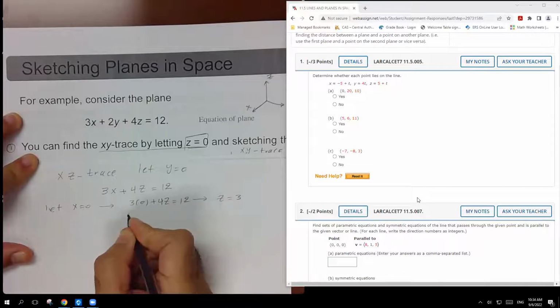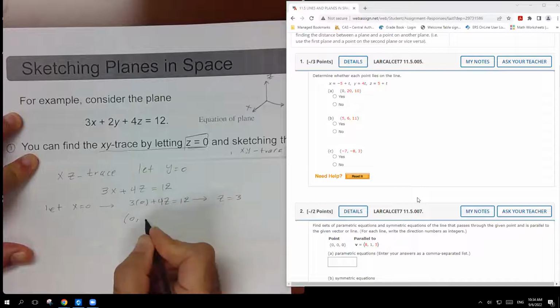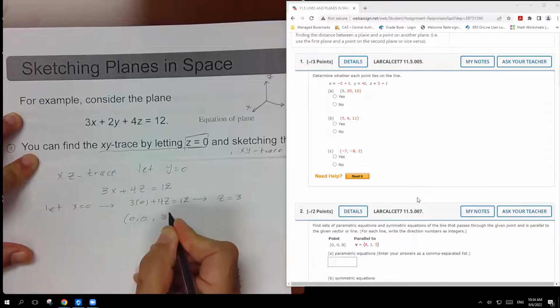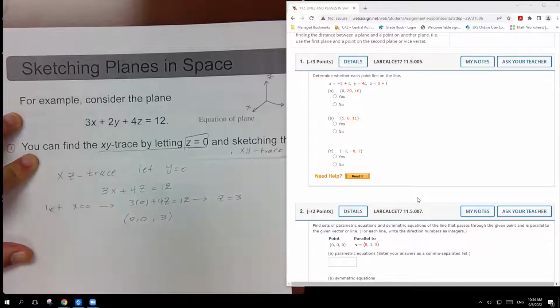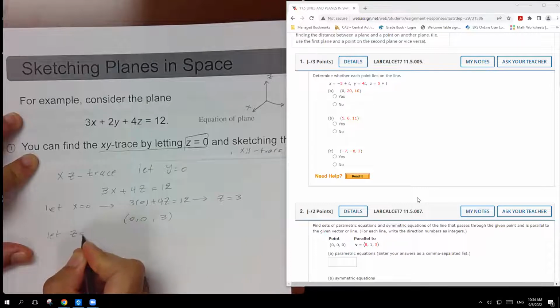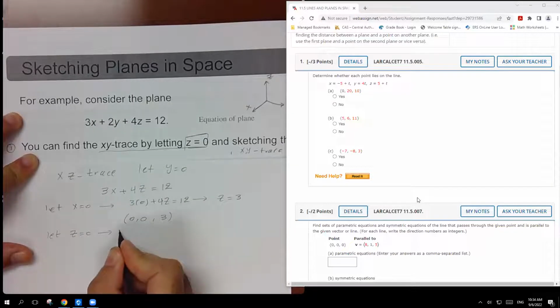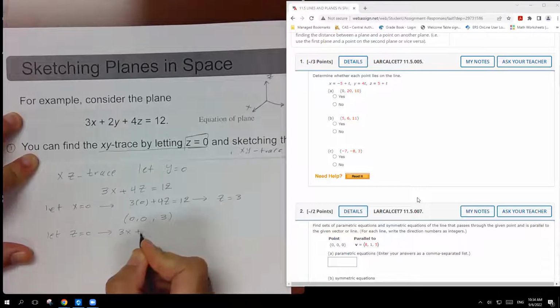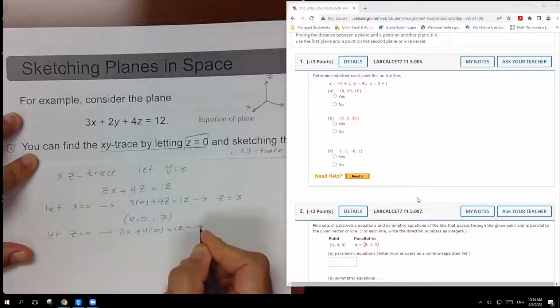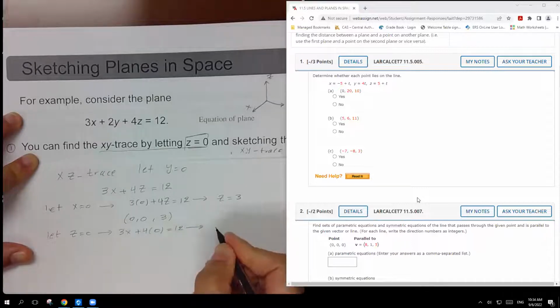So the point is x is 0, y is already 0 because it's the XZ trace, and z is 3. On the same trace, I need to find the other point, so I'm going to let z equal 0. That means 3x plus 4 times 0 equals 12, so 3x equals 12, and x is going to be equal to 4.